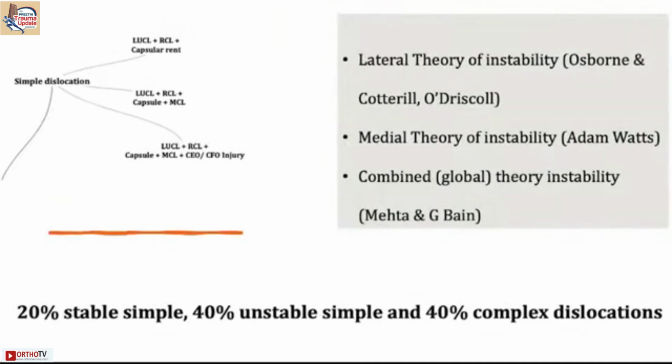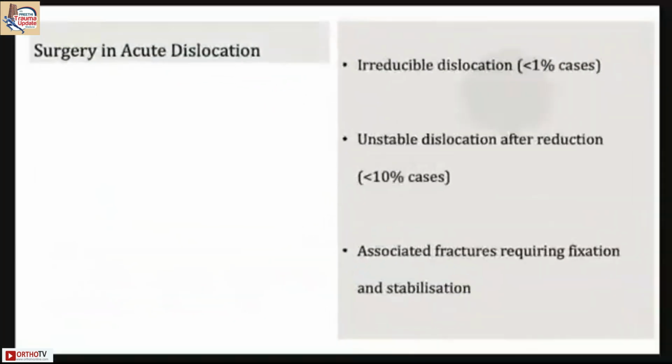And there are, as we have seen, three main theories. One is O'Driscoll's theory, the other is a medial theory, and the third is a combined, global theory.